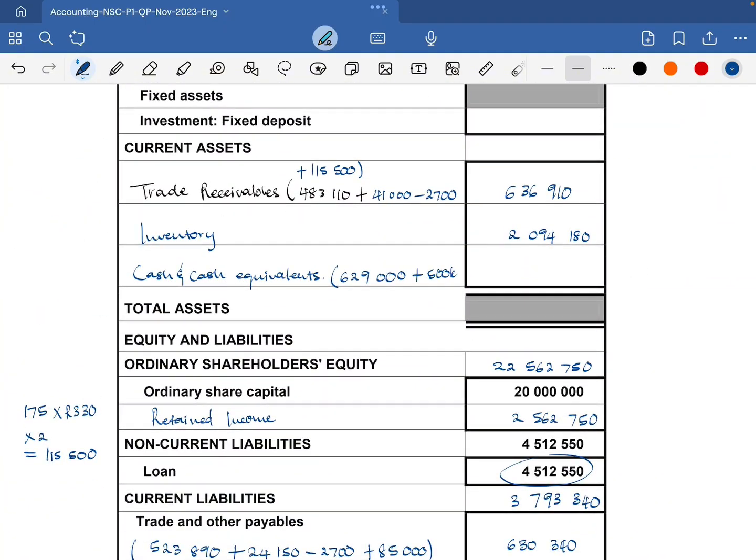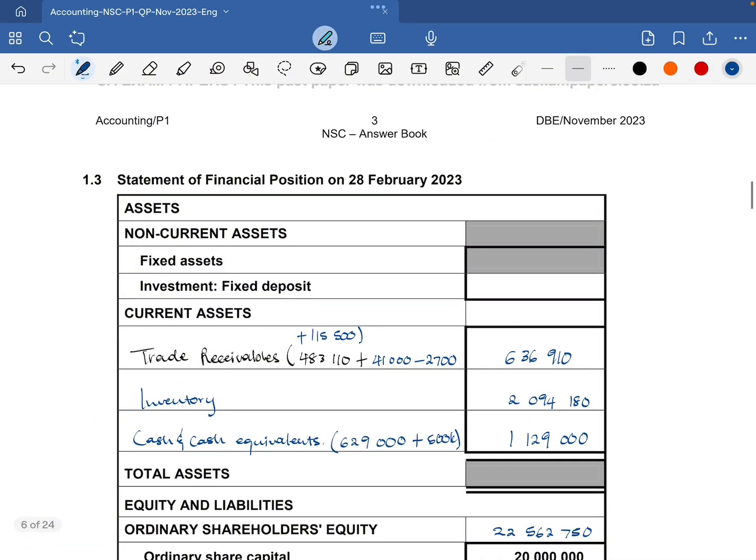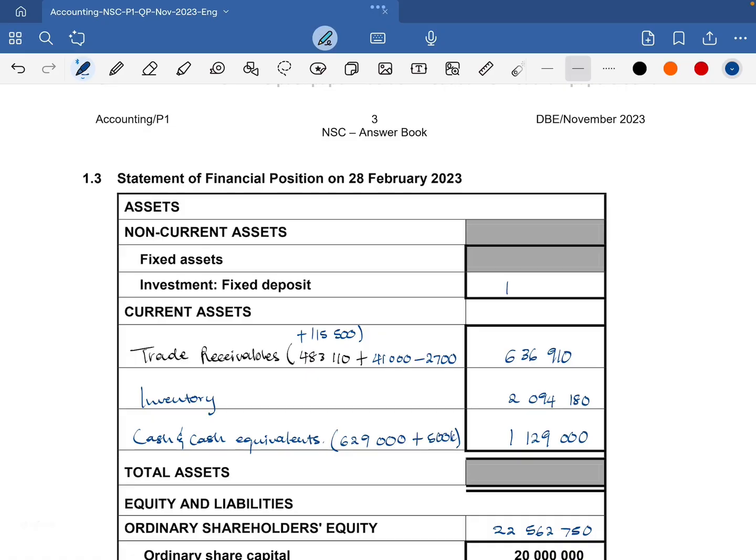So we quickly add that, and then that's 1,129,000. Then we are only left with 1 million here because we have taken the other one to our cash and cash equivalents. So this is 1.5 million minus 500k.